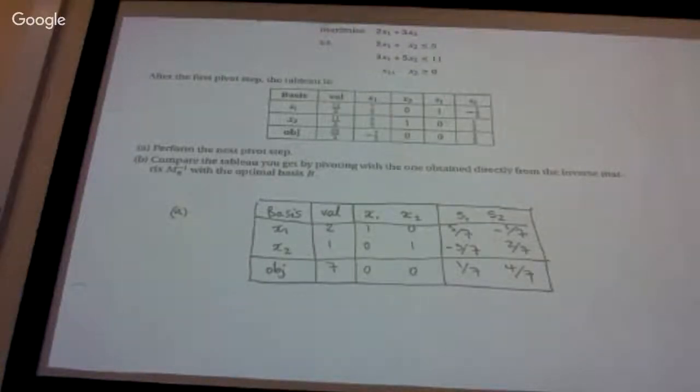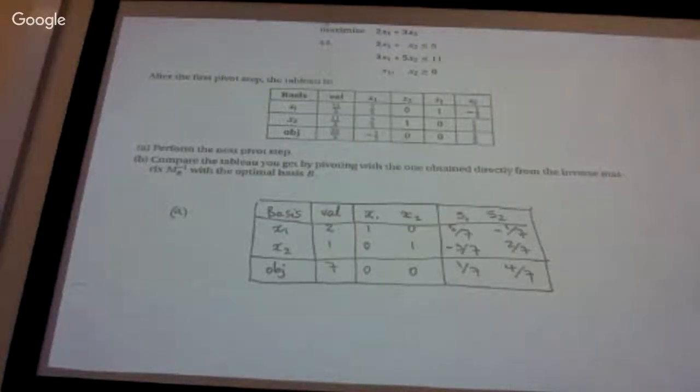One of them is exercise B, which asks: if I give you a basis, x1, x2, and tell you this is the optimal basis, can you write the whole tableau without having to pivot? It can be useful in some situations, and we'll see that.